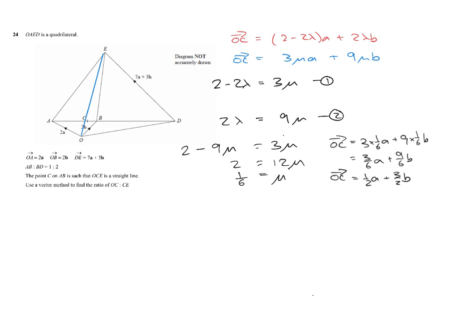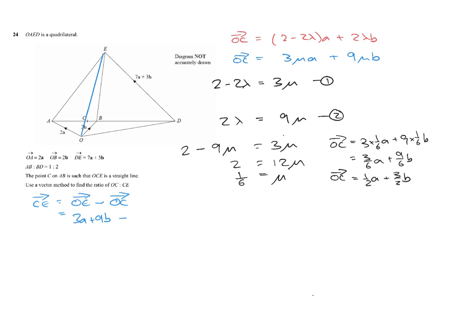So vector CE is equal to OE minus OC. Now I have both these vectors already written from before. So just to recap, OE was equal to minus 3A plus 9B.